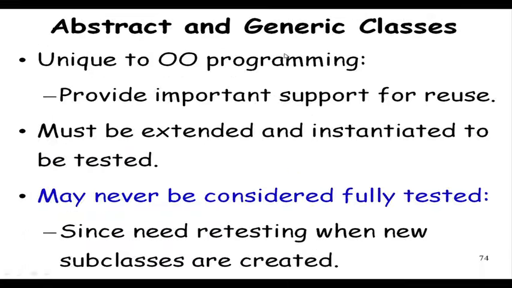Now, what about abstract and generic classes? Abstract classes are provided in object oriented programs to help increase reuse of code, but then we can extend an abstract class in many ways, and therefore, an abstract class may never be considered as fully tested.